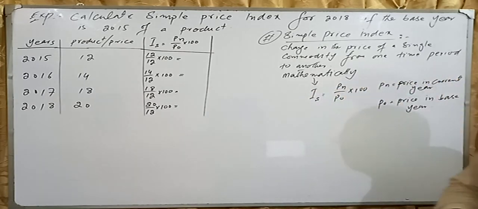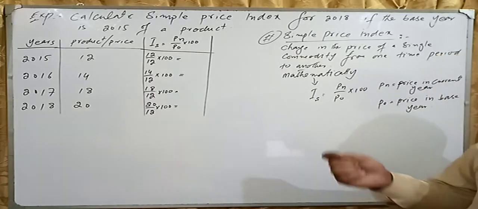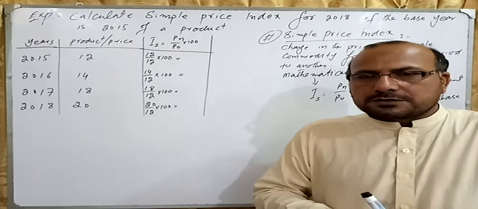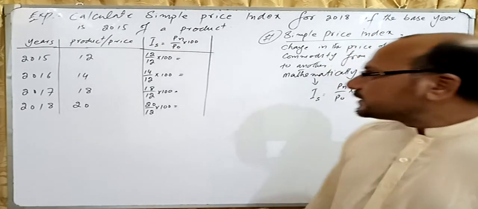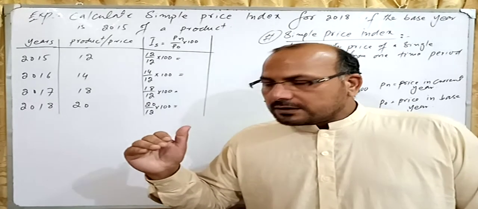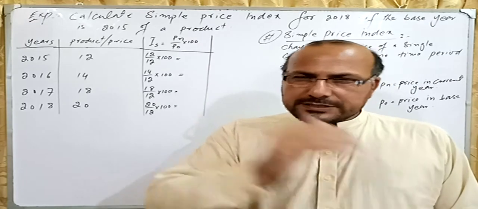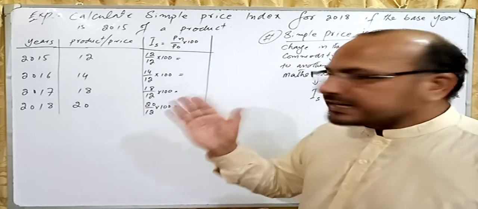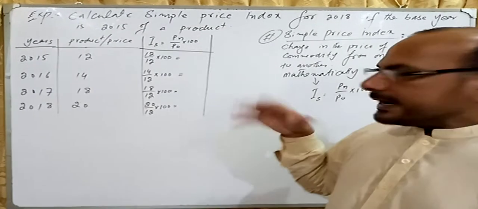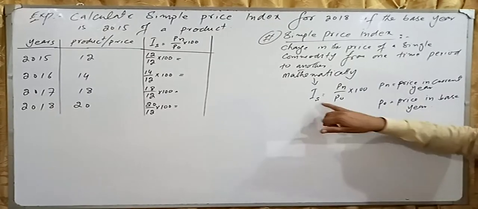Mathematically, it measures change in a single commodity, not a composite commodity or more than one commodity. When we are measuring the change in the prices of a single commodity from one time period to another, for that purpose we use a simple price index, and it has a formula.